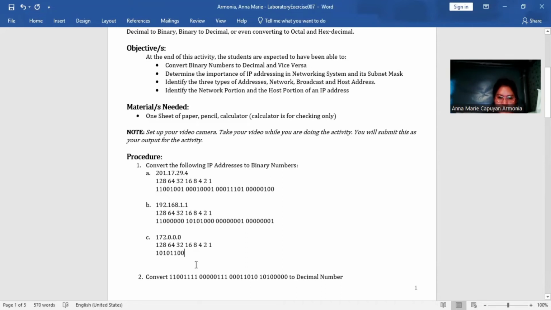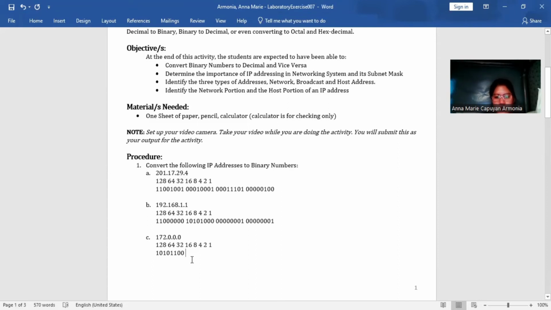Meaning the rest are all 0s, because this is 0, all 0.